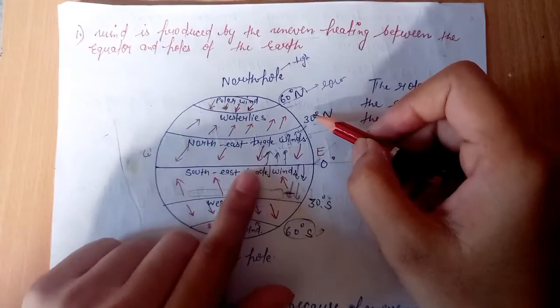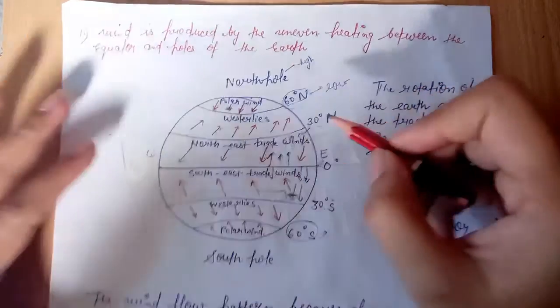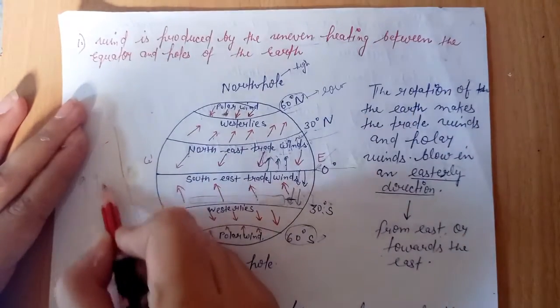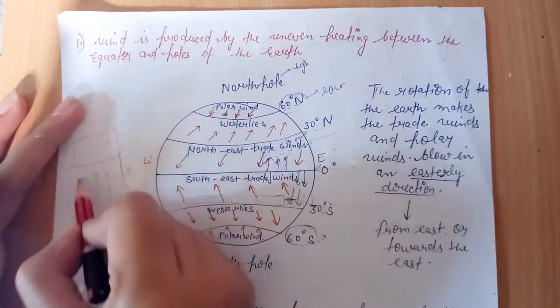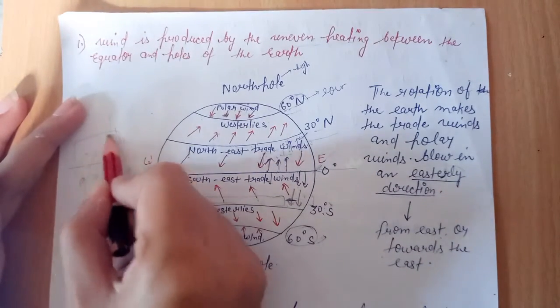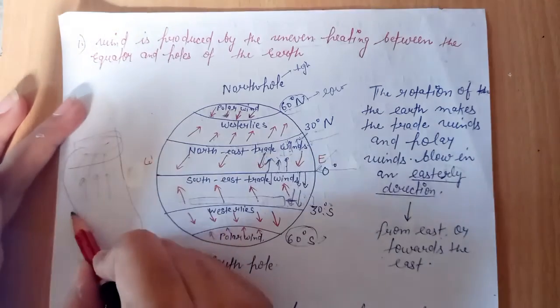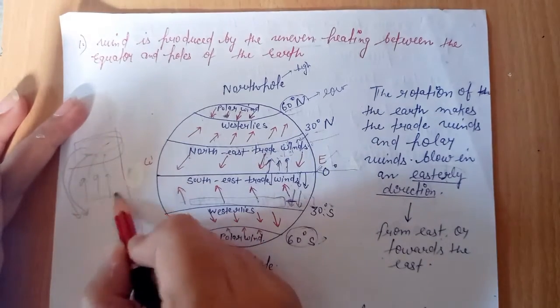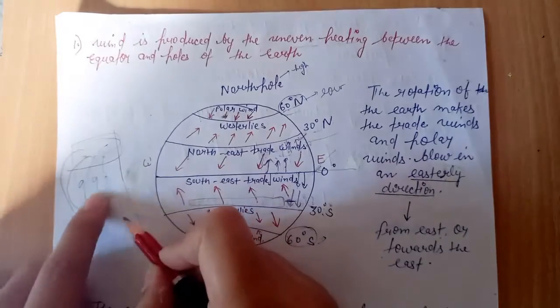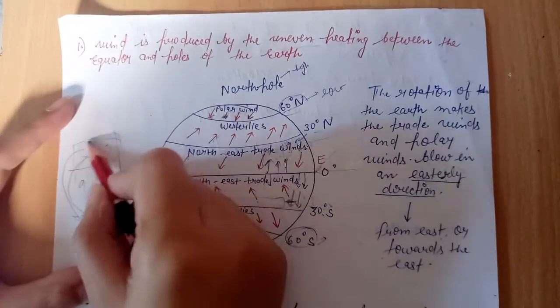So these are the trade winds, and the same concept applies: warm air rises up and reaches the region of cold air, and the cold air rushes to take its place towards the region of warm air.